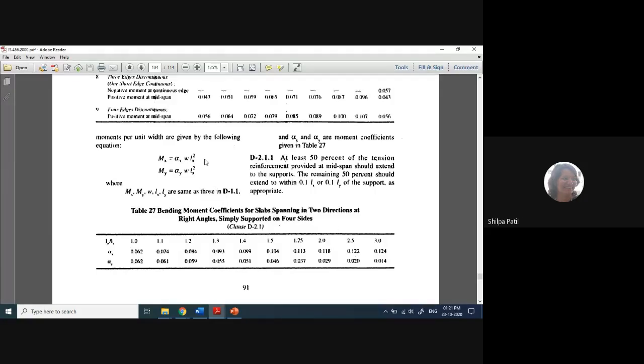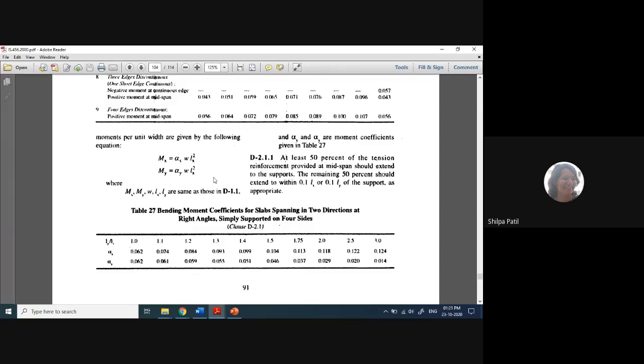That is the moment calculation for one-way slab. For simply supported one-way slab, we have used a formula that is WL square by 8. For continuous slab, we have made use of the coefficients. In the same fashion, for two-way slab, we do not recall any formula. We have to make use of these formulas directly for finding the bending moment.